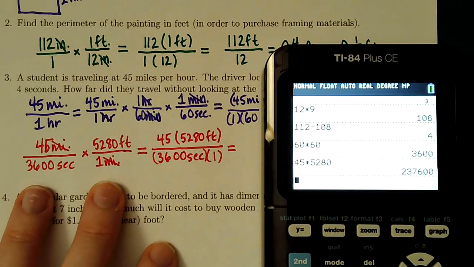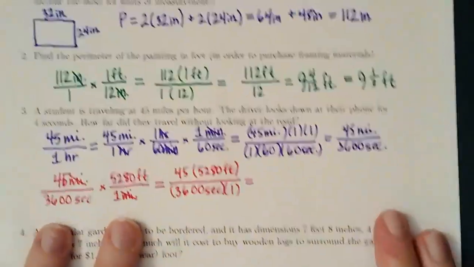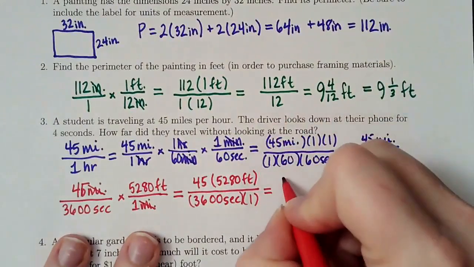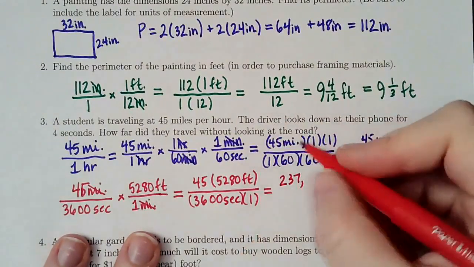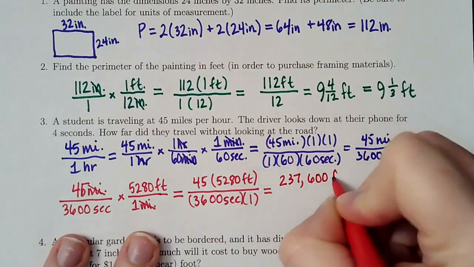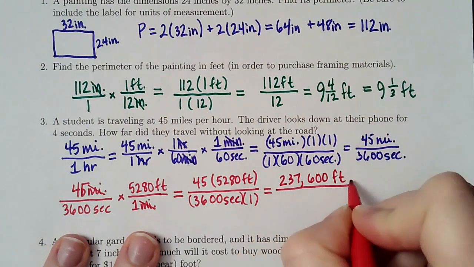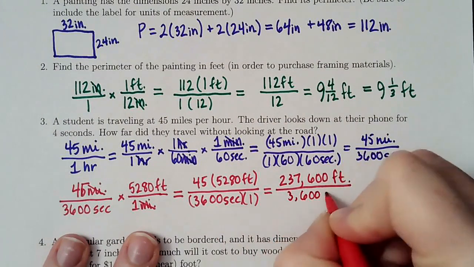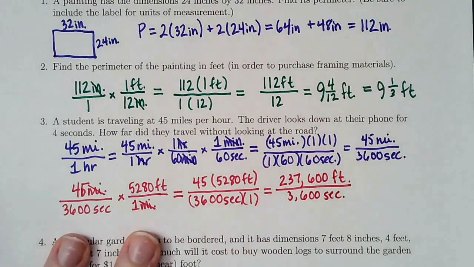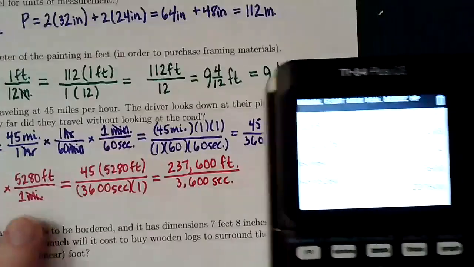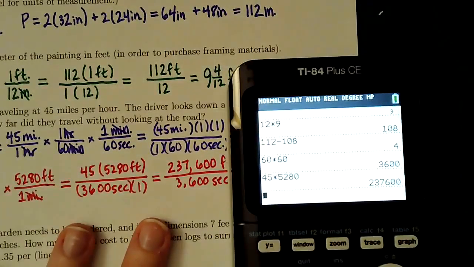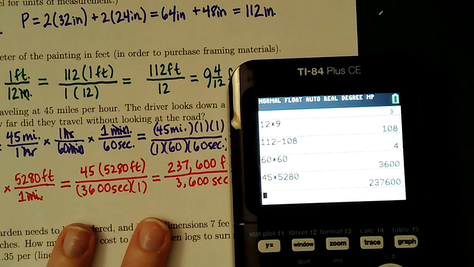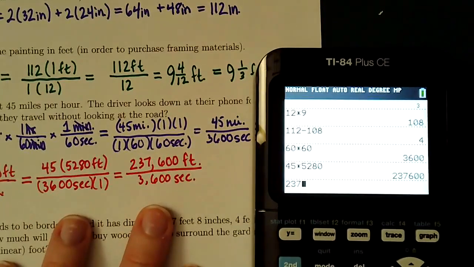Okay, 237,600 feet in 3,600 seconds. Does that simplify? This is a handy calculator.